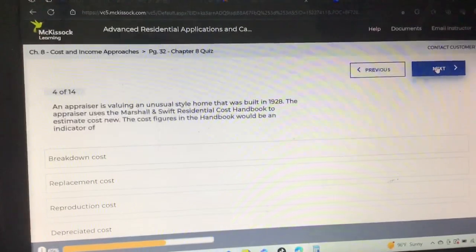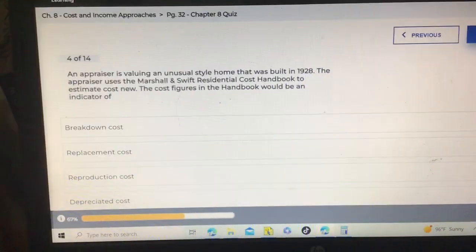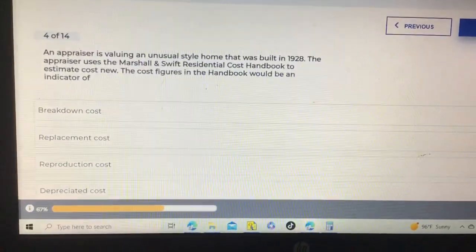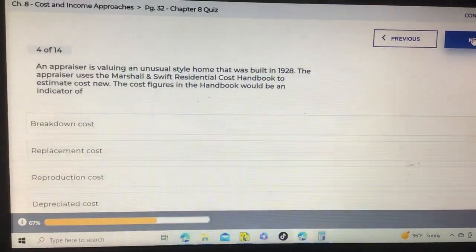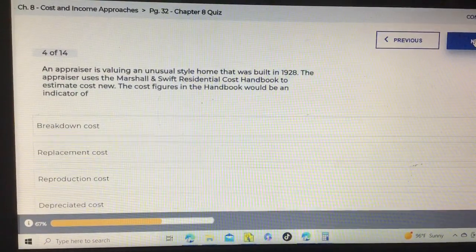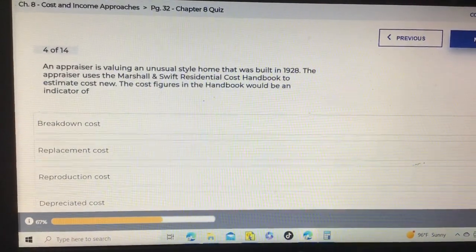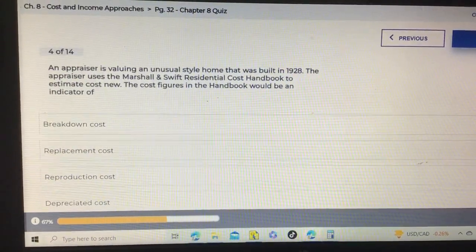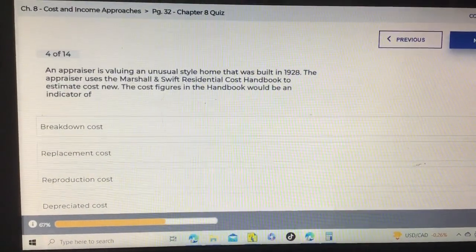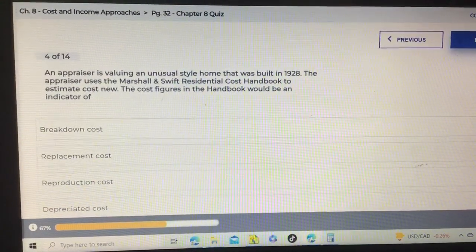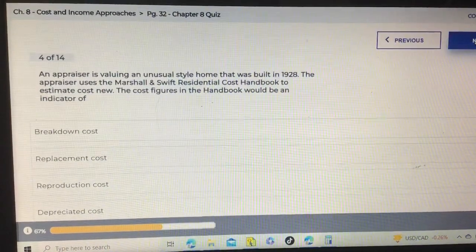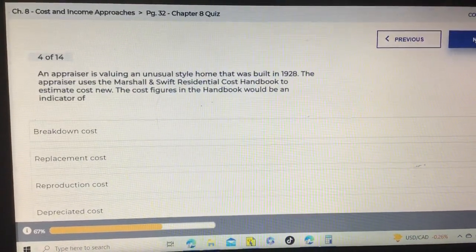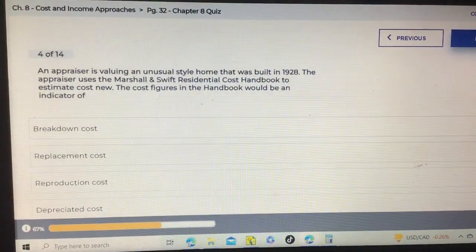This one's tricky because you're having to rebuild the house, I believe. I don't think it's depreciated cost, so I'm knocking D off. Breakdown cost.